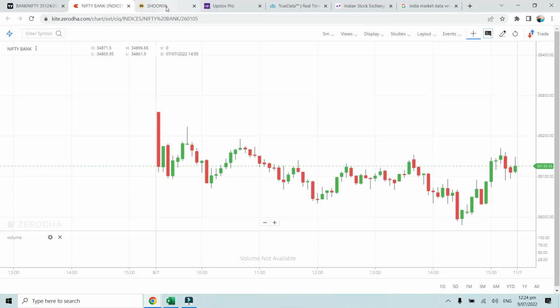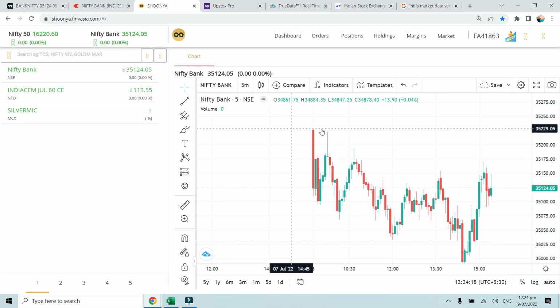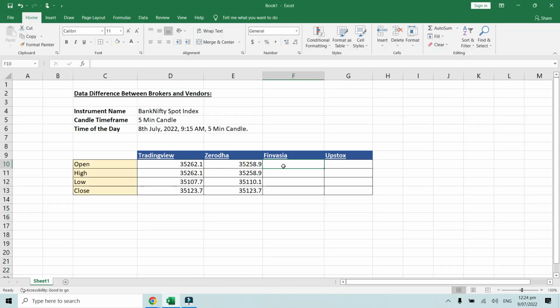So let's go to Finvasia. This is the Shunya terminal, and we will see Finvasia values. This is again the Nifty Bank Spot Index 5-minute candle time frame, and over here we will see the 8th of July 9:15 candle for the Nifty Bank Spot Index. Let's just see the values. Open is 35,226.65.